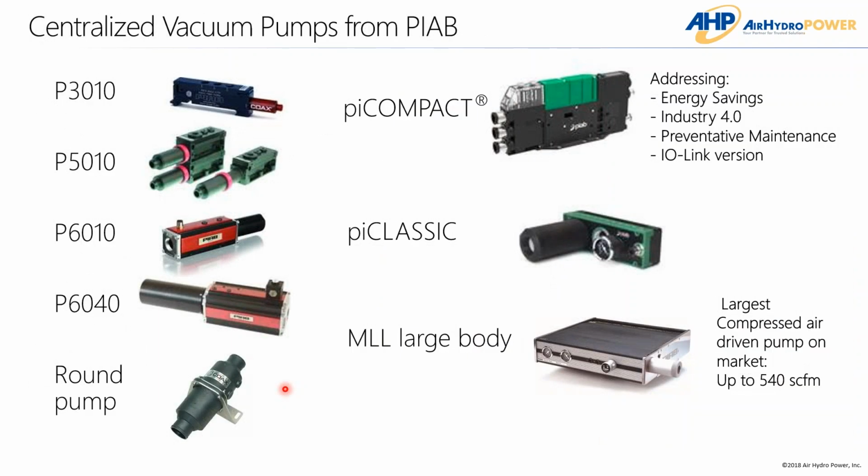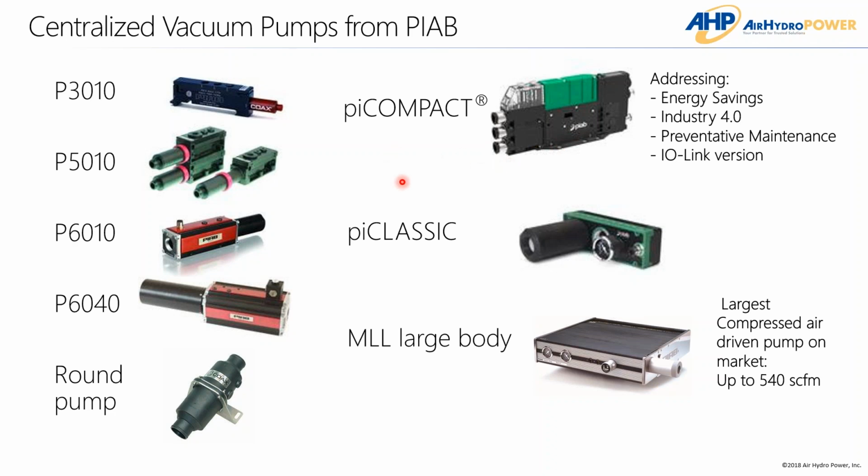I'm not going to get into the weeds of these products, but I just wanted to give you a little snapshot of all the product offerings, or most of them, that Piab offers. There's a large variety of sizes, all the way up to the MLL, which is 540 SCFM, and here's the one high compact that you're more likely to see for robot end of arm tooling.